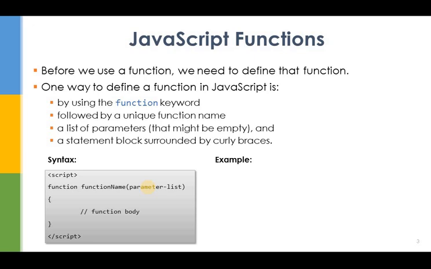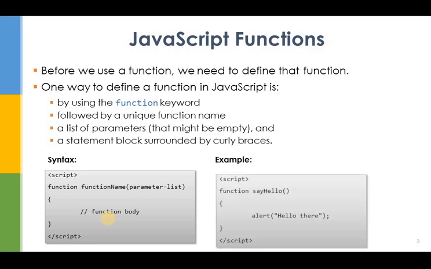So if there is any input in the function, then you can pass it using this parameter list. So this is how we can define a function in JavaScript. After that, within curly braces, whatever code you want to apply for that function. So this is just the syntax of a function in JavaScript.